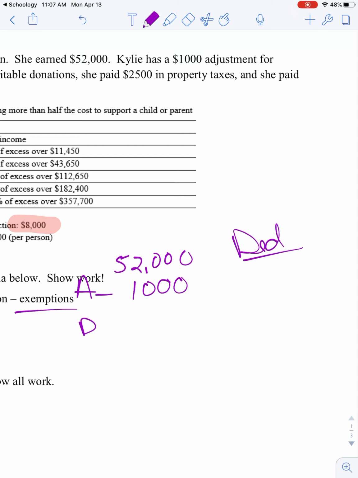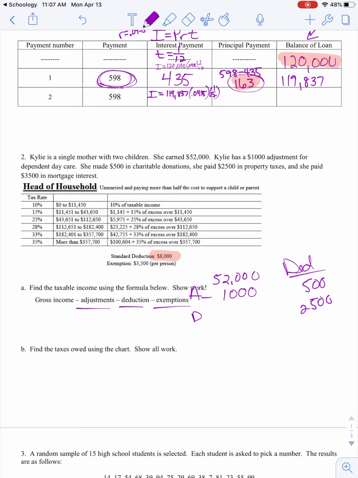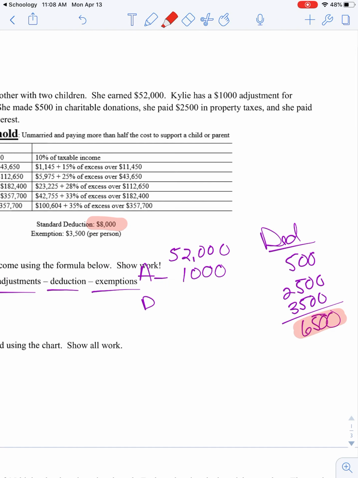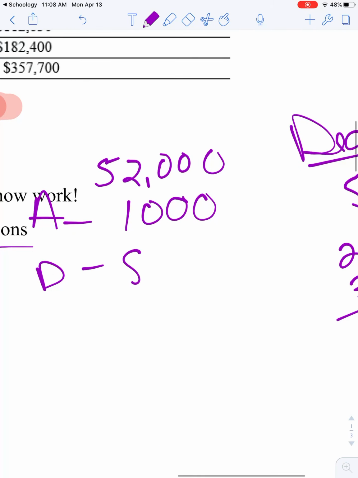We got $500, $2,500, and $3,500 in mortgage interest. So we total that up. If we total that up, we get $6,500. So now I'm comparing which one is better, $6,500 or the standard. The standard is more. It's going to give us more of a deduction, so that's what we want. So our deductions are going to be the standard deduction in this case.